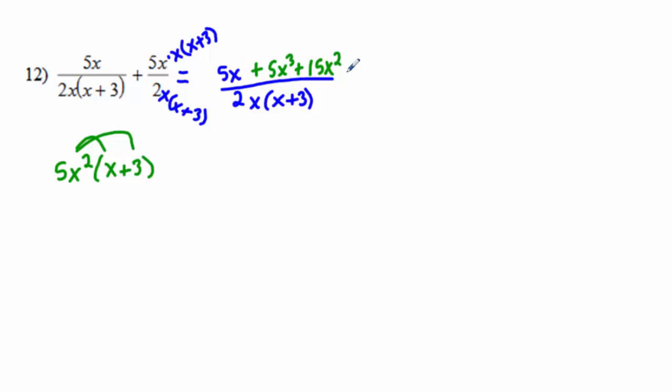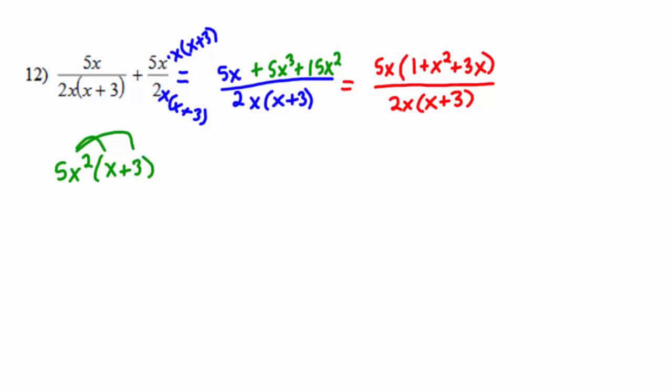Now, on top, we do have something in common that we can take out. They all have 5x. And if I take out 5x, that gives me 1, because that is exactly what I had here, plus x squared plus 3x over our common denominator, 2x times x plus 3.